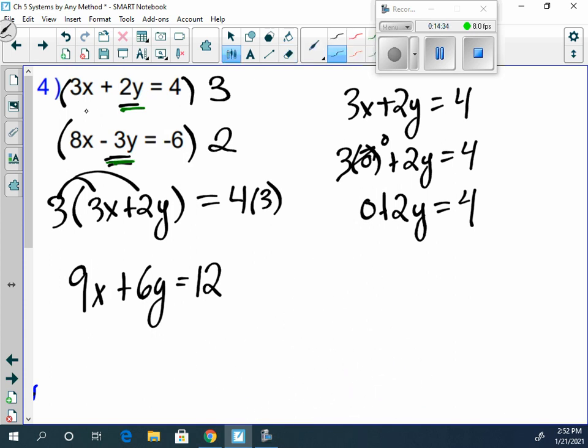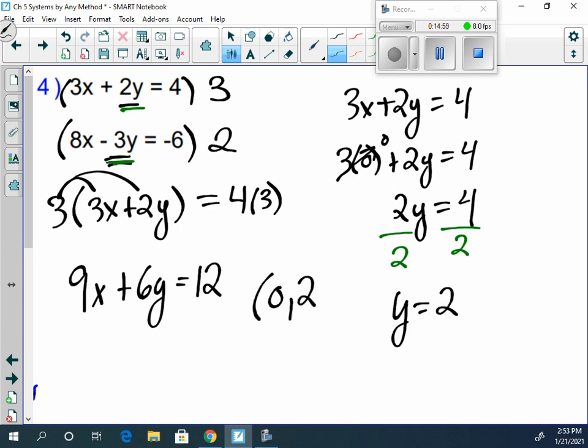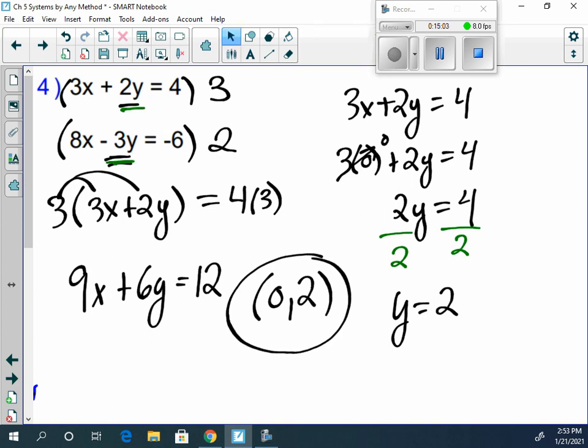Wait a minute, do I need to even write 0 plus? No, because 0 doesn't add anything to the equation, does it? So we really don't need this. It's gone. So what do I need to do at this point? So y equals 2. So our solution is 0, 2. Our point here is 0, 2.